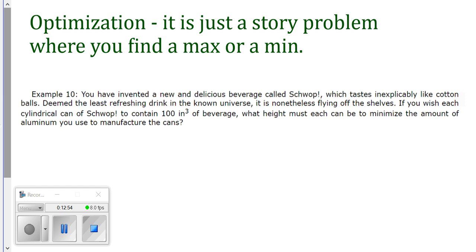So when I started teaching calculus, I'm like, optimization, what is that? And then I realized it just had changed names. So it's just a max-min problem where there's a story.